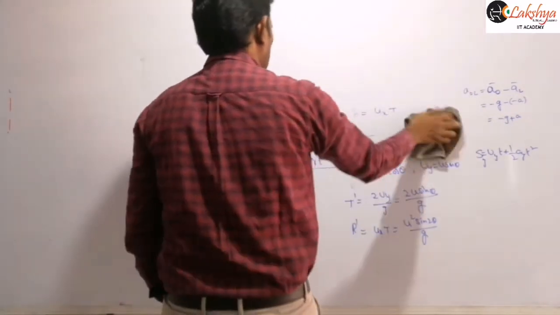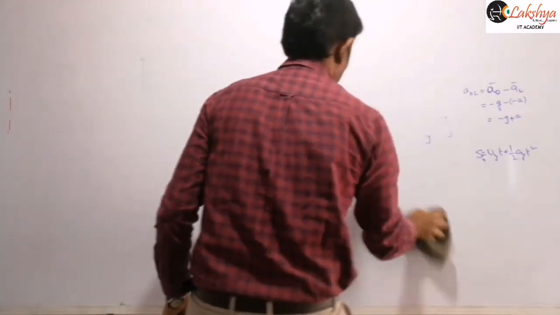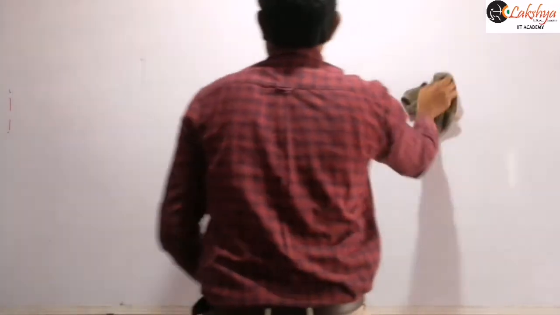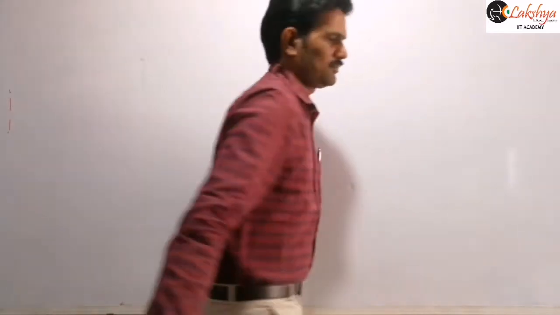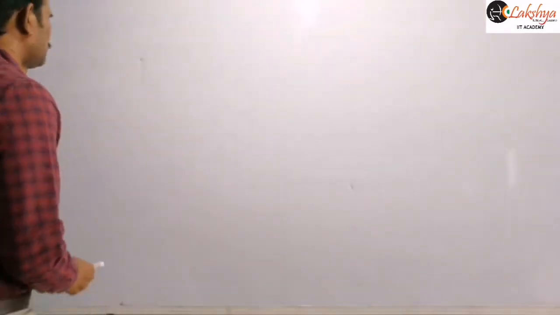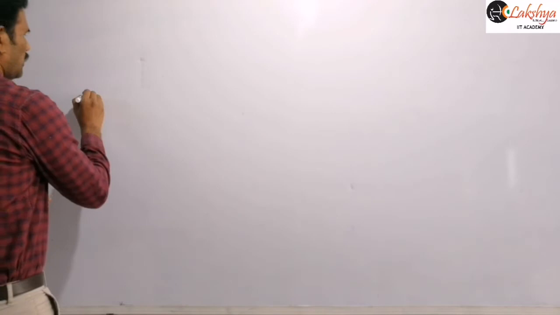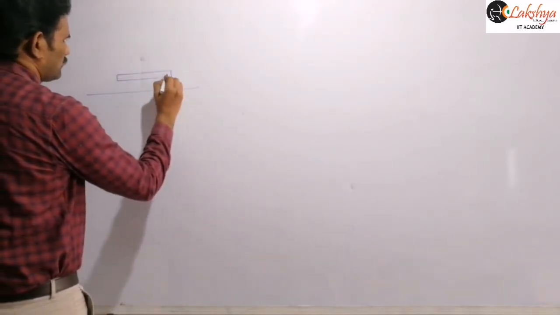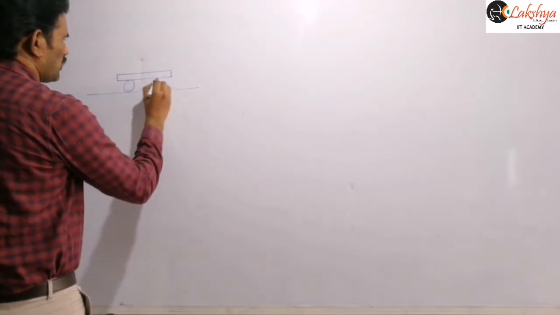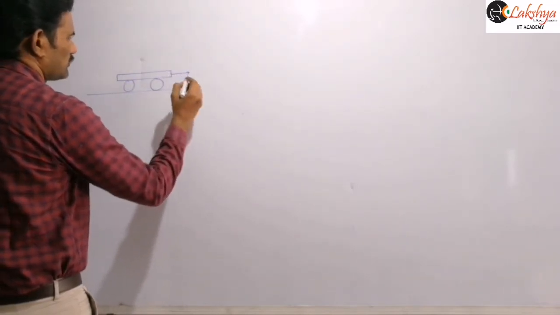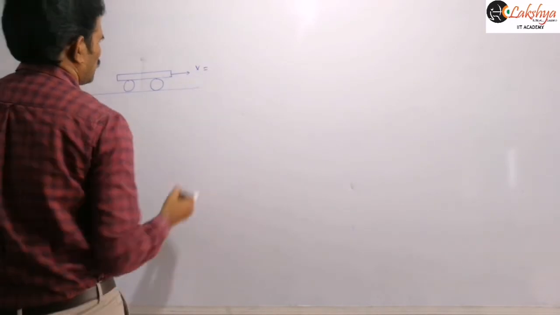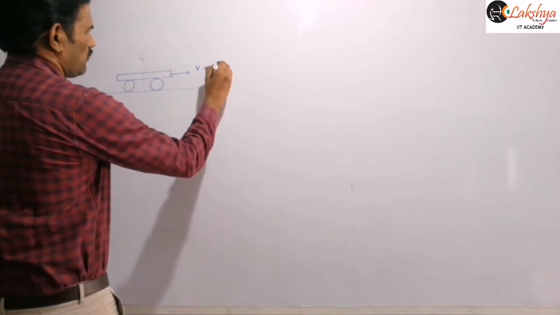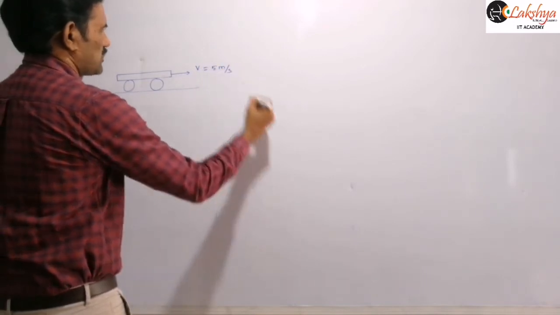Next, write a problem based on this. A truck is moving horizontally with uniform velocity of 5 meter per second.